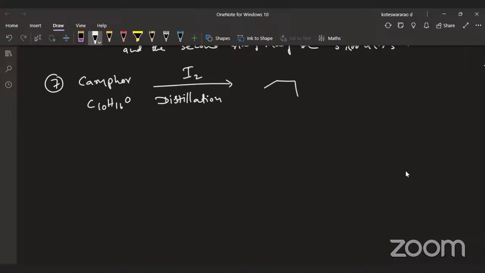It is an already known compound, that is a paracymene derivative, hydroxyparacymene. The common name is carvacrol, also called 3-hydroxyparacymene. This product is generated, right.